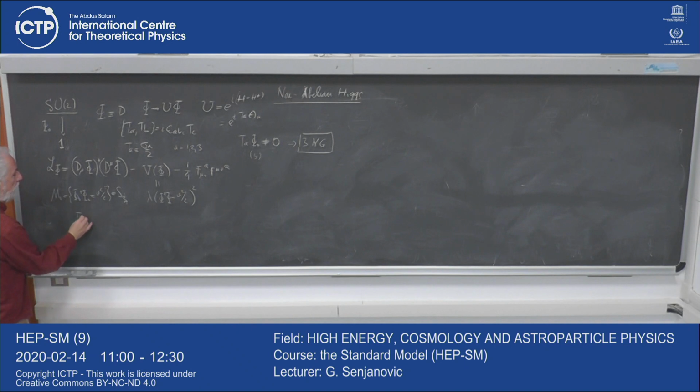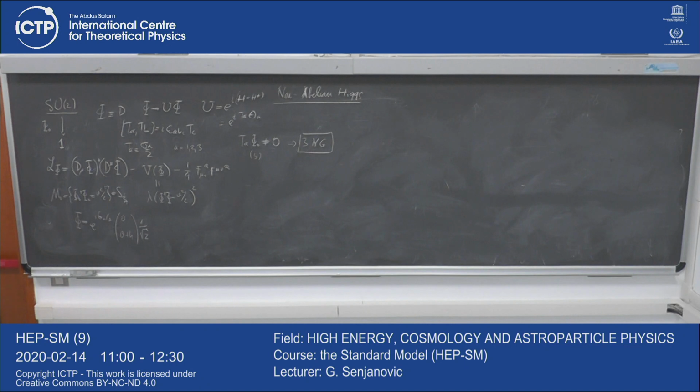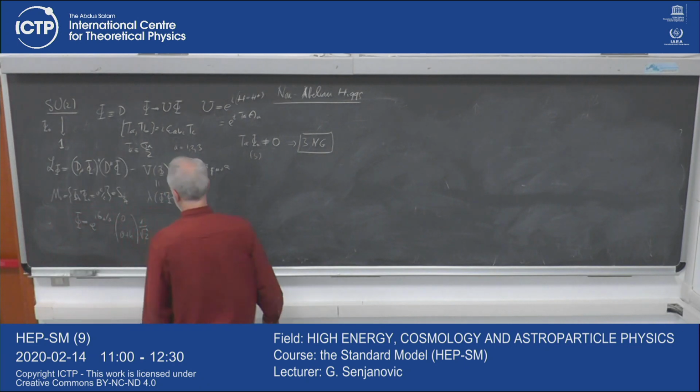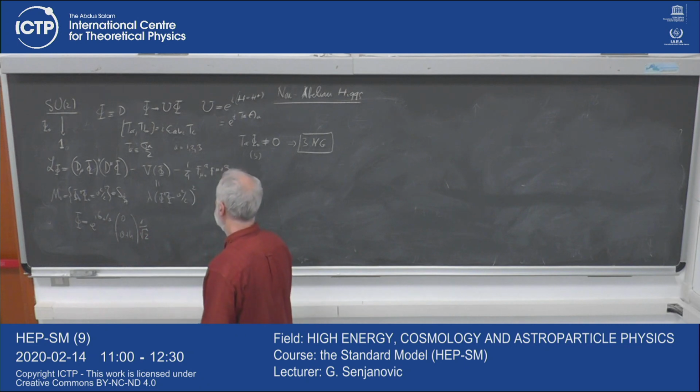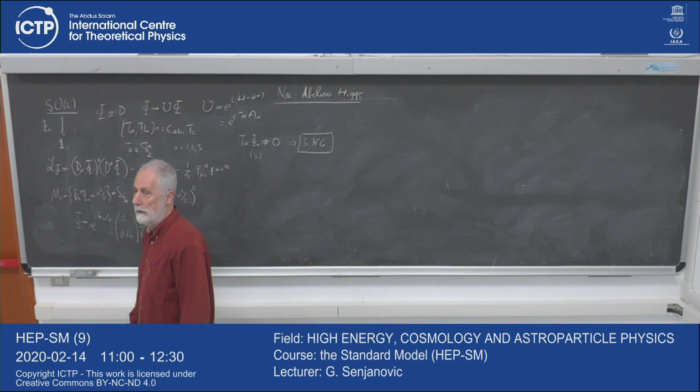All I had to do was write phi as e to the i G A over V, times 0, V plus H, over square root of 2. And I found immediately there were 3 massless guys, right? I expect 3 massive gauge bosons.